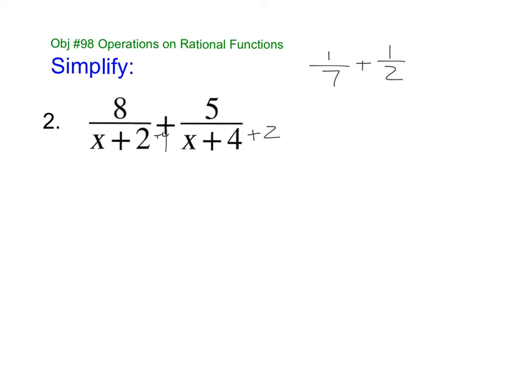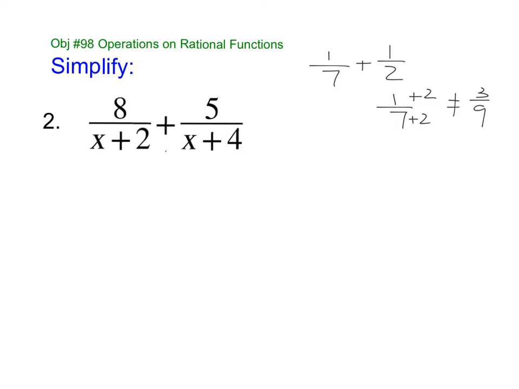If I have 1 over 7, that is not the same as 3 over 9, right? That's not the case. So we have to do everything through multiplication.